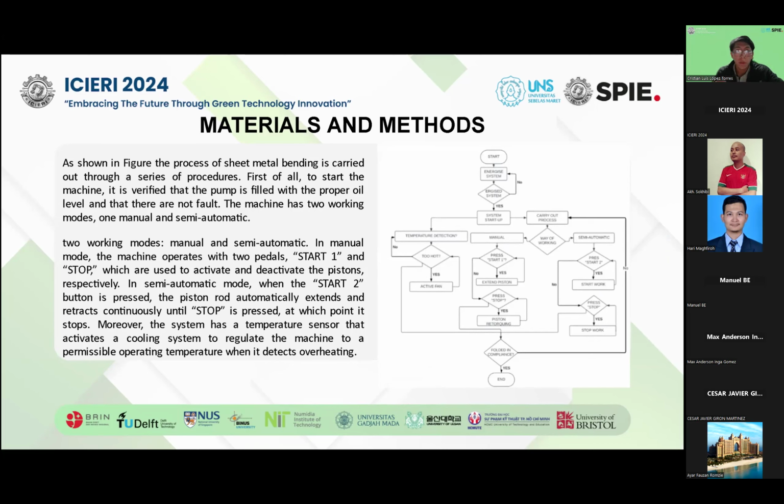In semi-automatic mode, pressing start 2 allows the piston to extend and retract continuously until the stop pedal is pressed. This flexible control makes it easier for the operator to choose the best mode for their task, improving efficiency. Additionally, the machine includes an emergency stop button, providing a crucial safety feature.